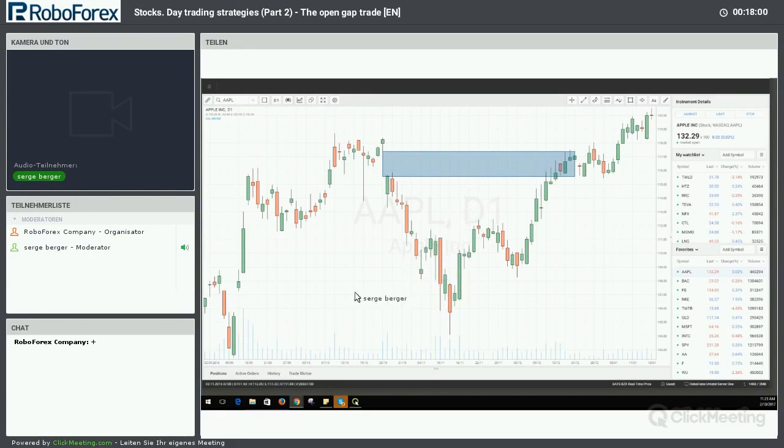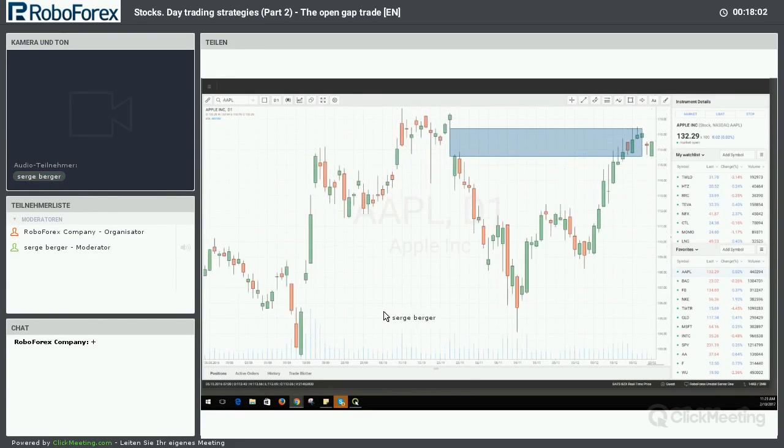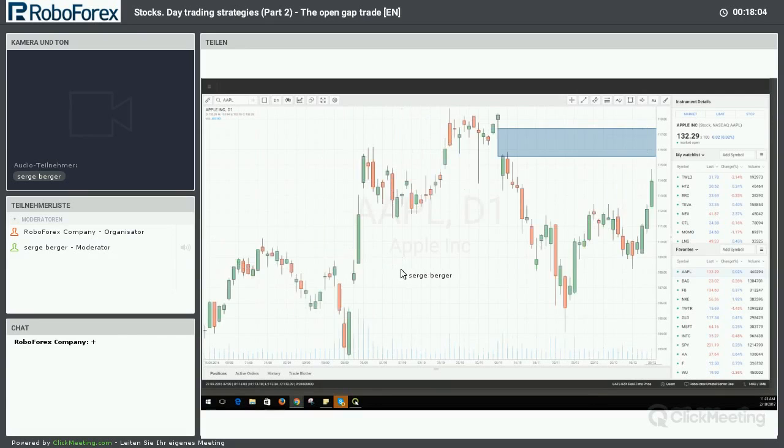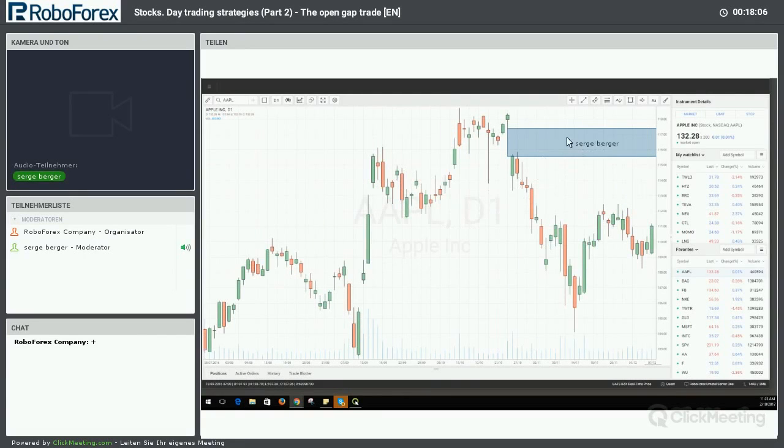Okay, and the same thing to the downside, right? So look at, for example, here. I'm just going to take this, this is the gap here. You can see this bit, right?